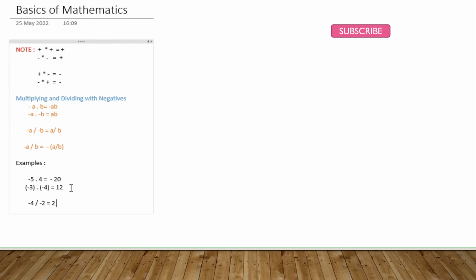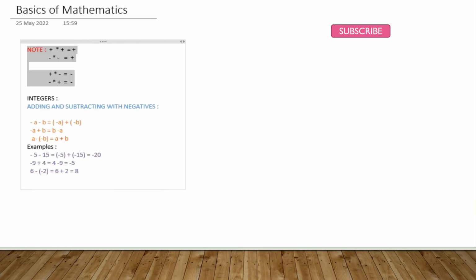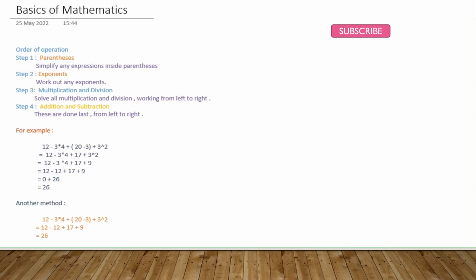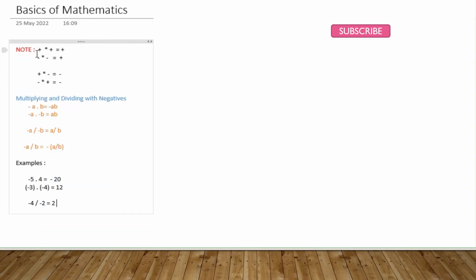So these are the properties of integers with negatives. I hope you understand. All these properties are based on only these 4 note points. So please learn these 4 points carefully.